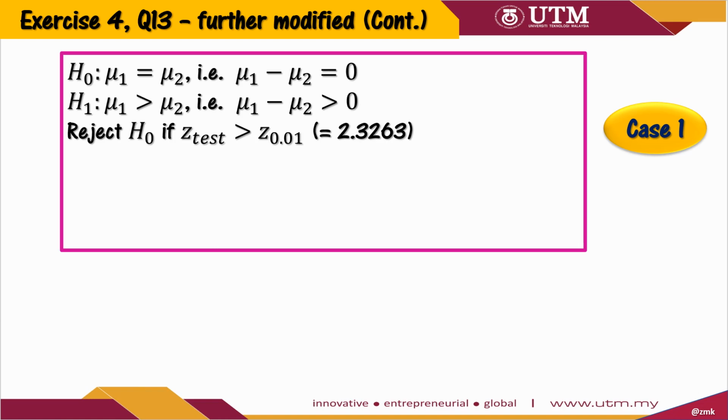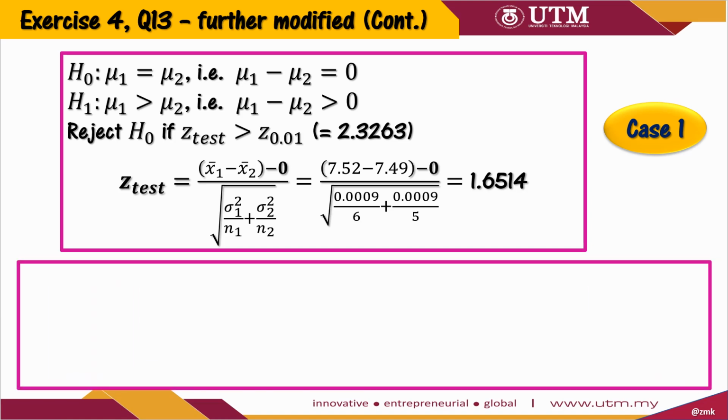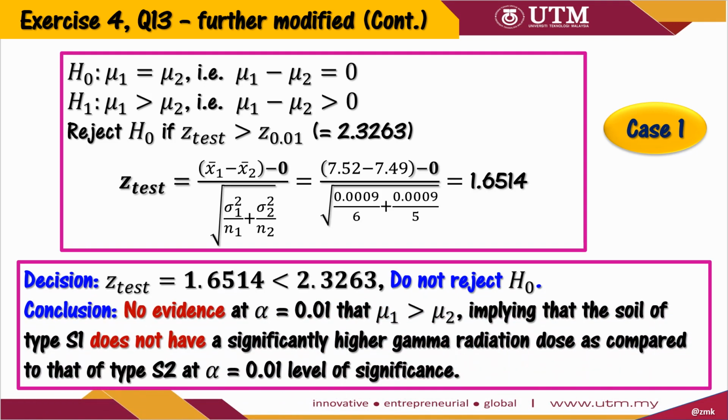Here, z-test is defined as the difference between the sample means minus 0, which is the value of the difference between the population means under H0, divided by the square root of the sum of the known variances over their corresponding sample sizes. You can check the value of z-test is 1.6514. The decision and conclusion are the same as before, although we use z-test this time.